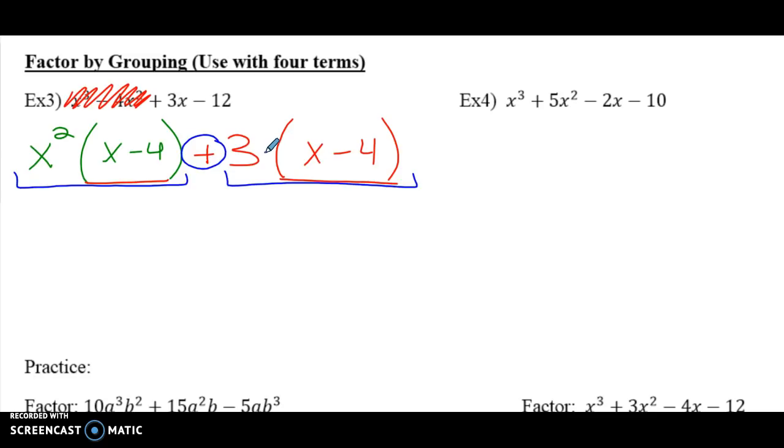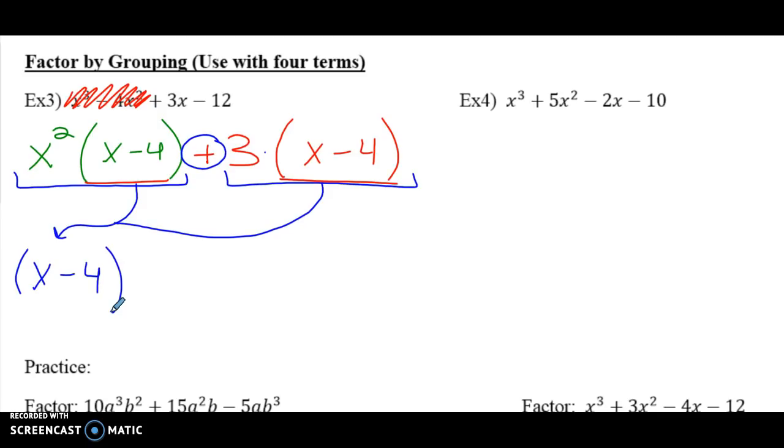And what do both of those two terms have in common? X minus 4. So we can actually GCF the GCF. Both of these terms have an x minus 4. So I'm going to factor the x minus 4 out front. Just like we did here a second ago in the green. They both had an x squared, so we brought it out front, right? These both had a 3, so we brought it out front.